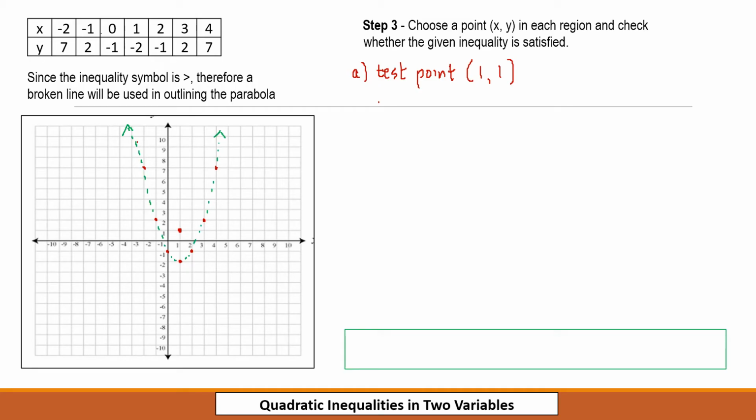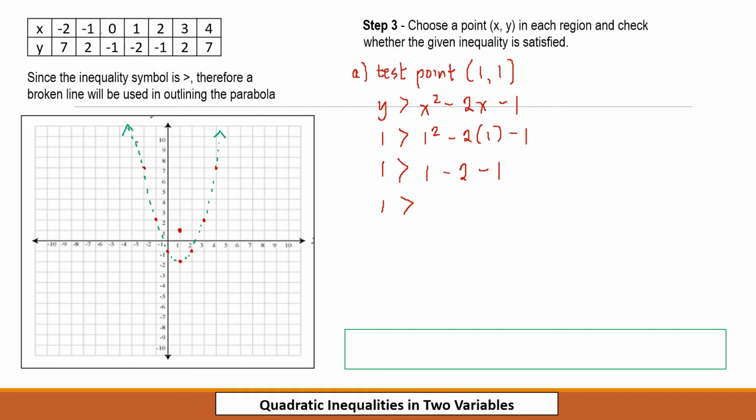We have the inequality y is greater than x squared minus 2x minus 1. So let us substitute 1 for x and 1 for y. 1 squared is 1. Negative 2 times 1 is negative 2, minus 1.